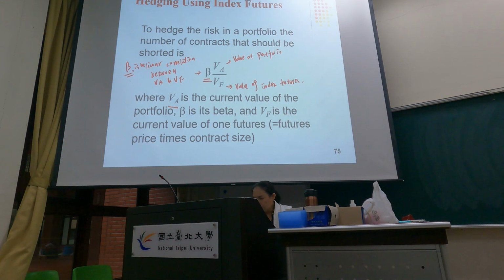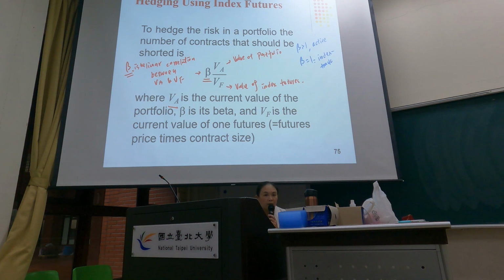So, if you still remember our definition of the beta from the portfolio theory, right? When your portfolio has beta higher than 1, that's the active portfolio, right? Beta equals 1 means index tracking.